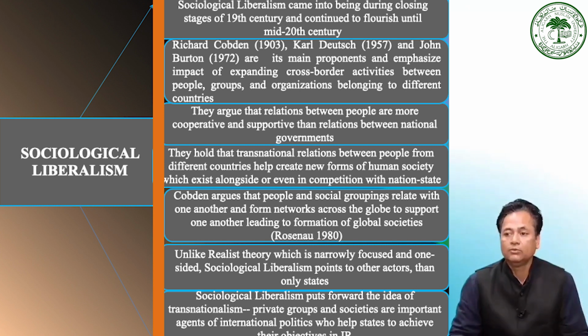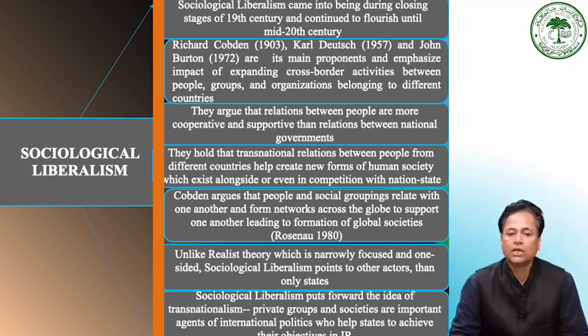So basically, these three scholars particularly talk of the effect of cross-border activities due to higher amounts of trade and commerce, and particularly the economic and cultural exchanges between people, groups, and organizations, mainly in the mature liberal democracies of the Western world.